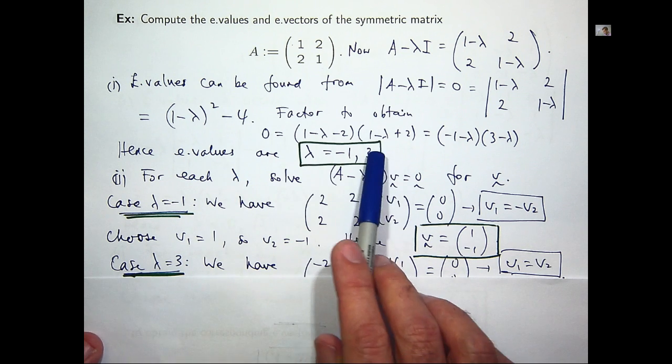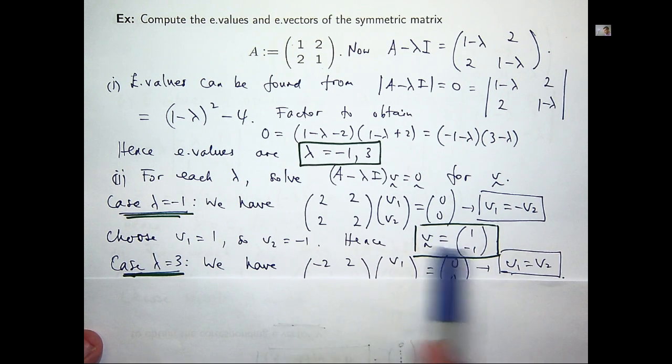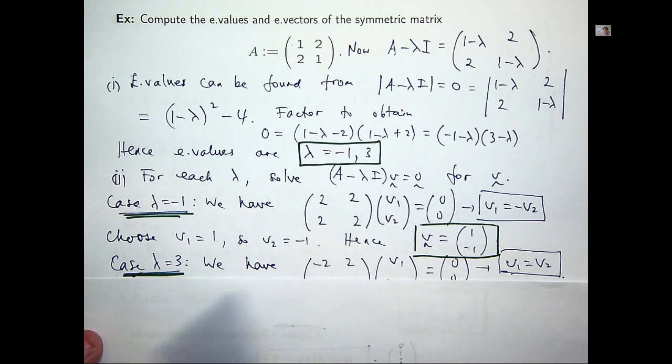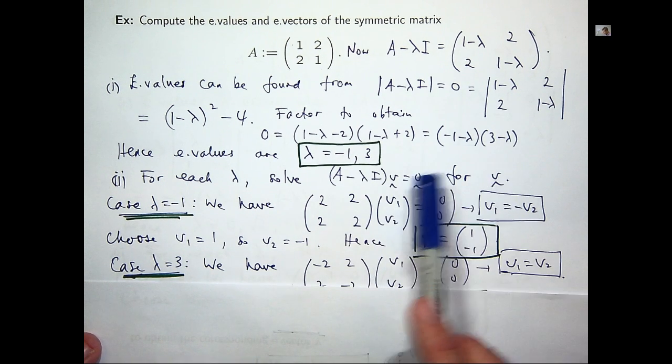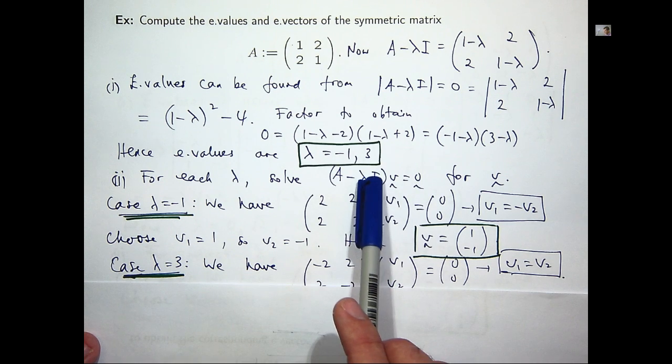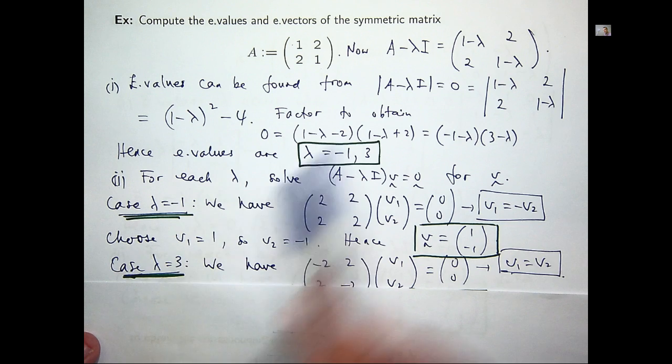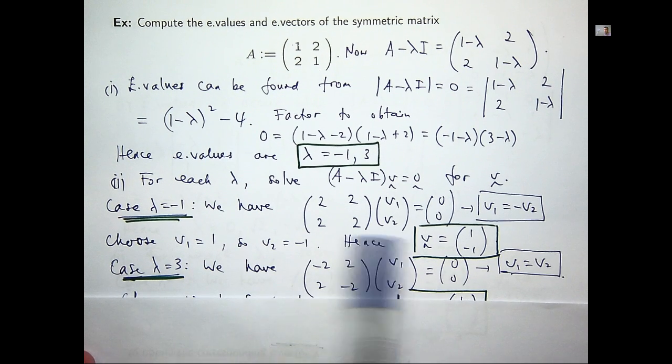So this then is the eigenvector corresponding to this eigenvalue. Now let's look at the case lambda equals 3. Essentially we want to solve this with lambda equals 3 for v. So we go up here, plug in lambda equals 3, and I'll get this matrix here. The first line is going to give me 2v1 equals 2v2.